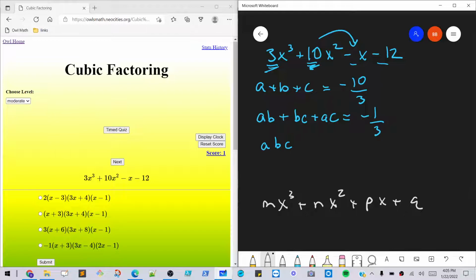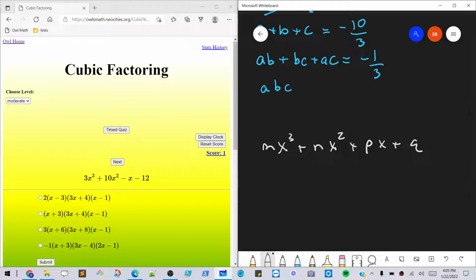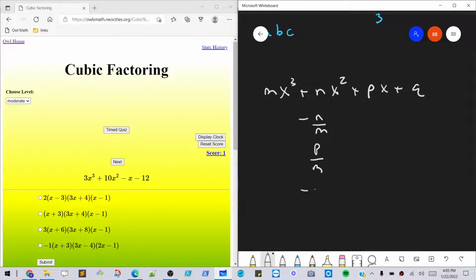We're basically saying the sum of the roots is going to be minus n over m. The next one is going to be p over m because we're interchanging signs. The next one is going to be minus q over m, and so on. So hopefully that clears it up a little bit.